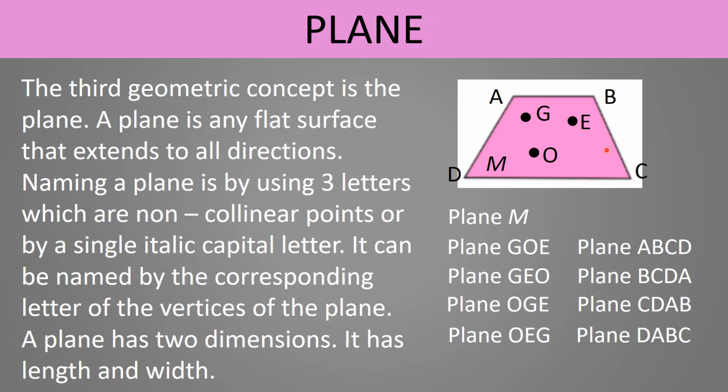So we have plane ABCD, plane BCDA, plane CDAB, plane DABC, and many more. We cannot name this as plane ABDC, because we did not name it consecutively. So we name it consecutively, either clockwise or counterclockwise.